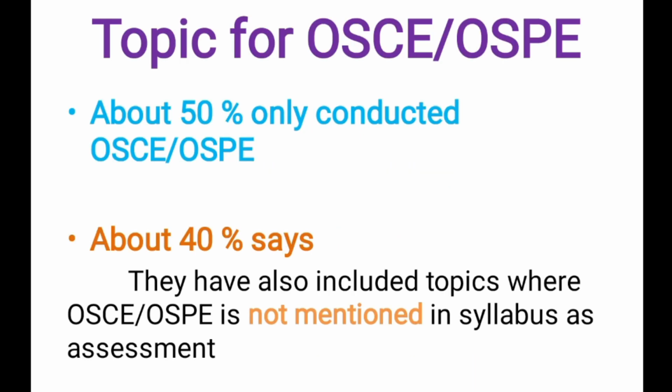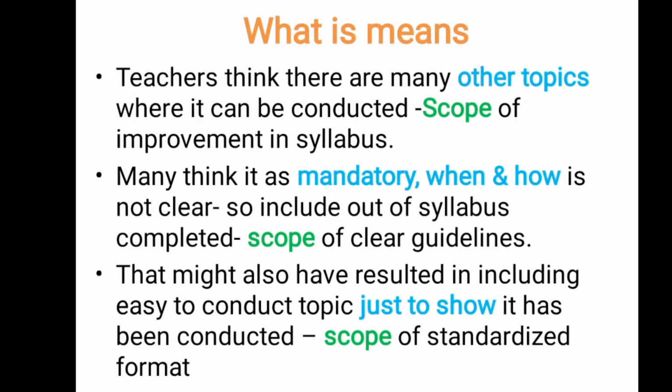The next question in the survey was related to topic. About 50% only conducted OSCE and OSPE, and they have included topics where OSCE and OSPE is not mentioned as assessment in the syllabus. About 40% people say that. What does it mean? Teachers think there are many other topics where it can be conducted.